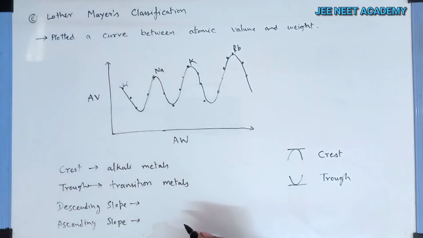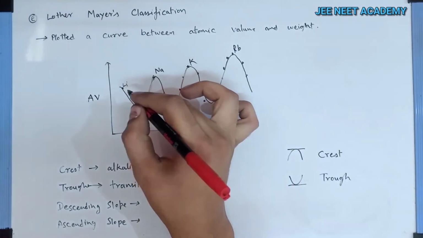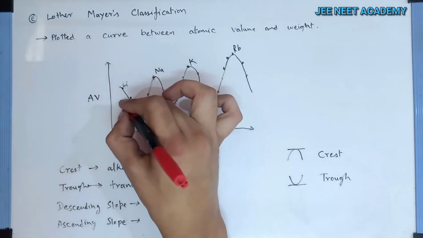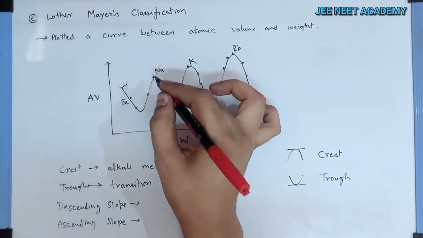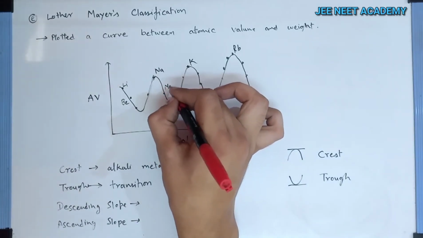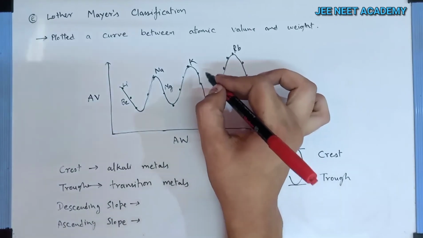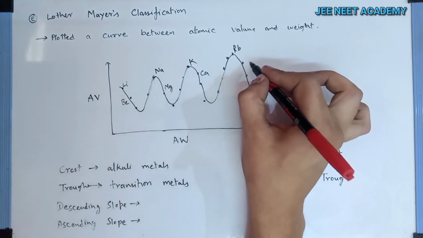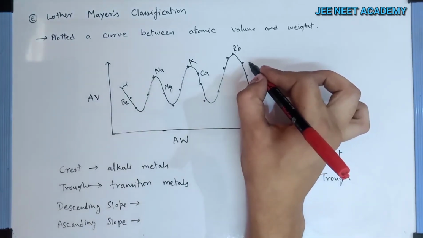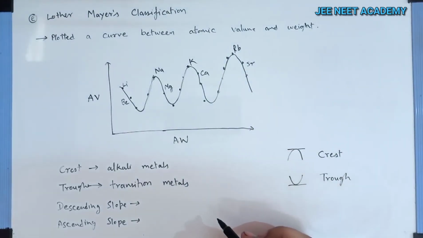On the descending slope, alkaline earth metals are coming. In the lithium row, the next element is beryllium. In the sodium row, the next element is magnesium. In potassium, the next element is calcium. In rubidium, strontium, like this.